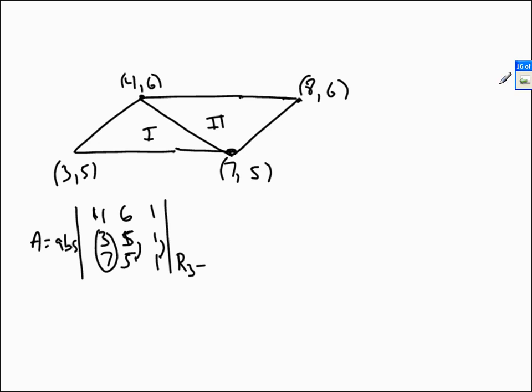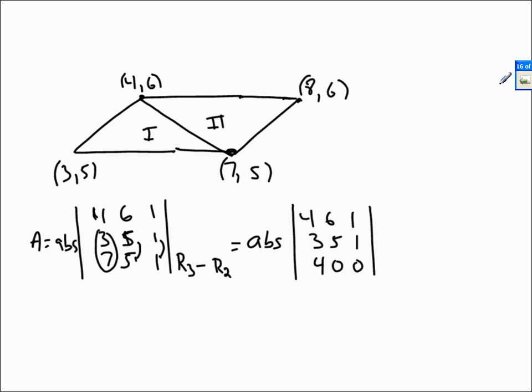And then I'm taking away one multiple of row 2. And I'm going to get the absolute value of the determinant where the first row did not change. The second row did not change. The third row changed to this.